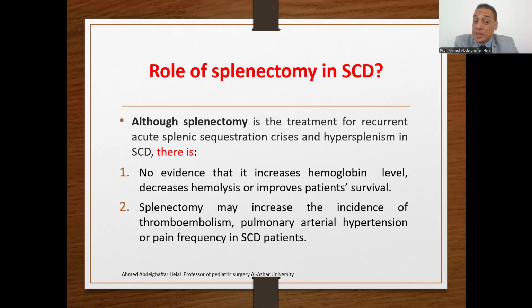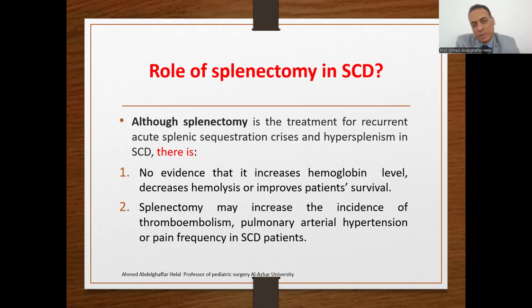Splenectomy may increase the incidence of thromboembolism, pulmonary arterial hypertension, or pain frequency in sickle cell disease. So after splenectomy, we may already have a condition called thrombocytosis.